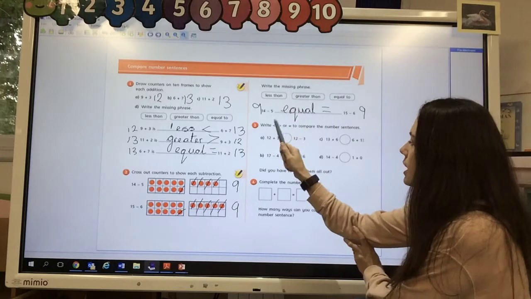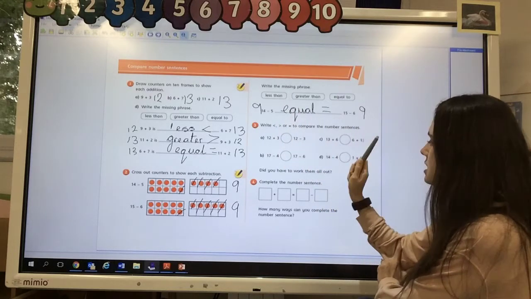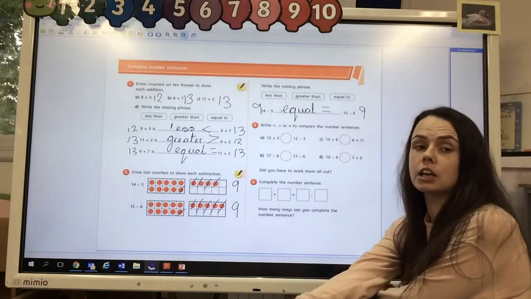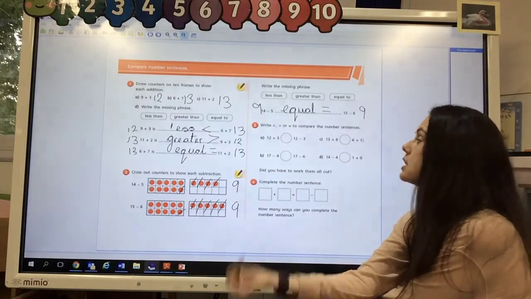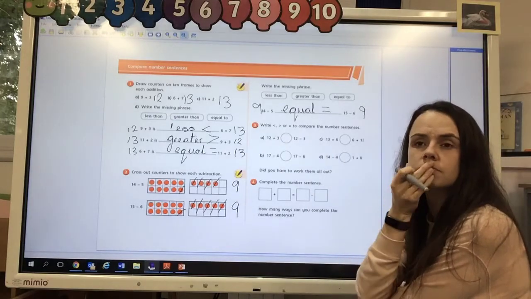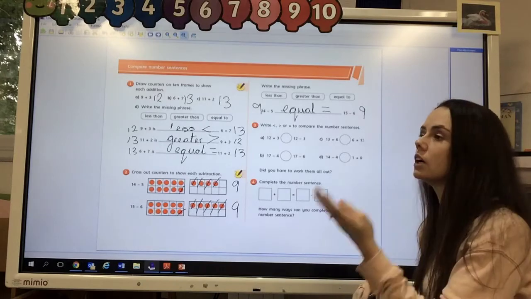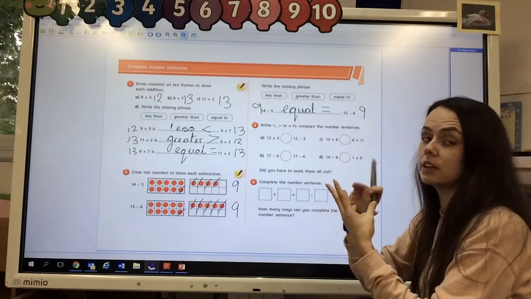Now all we've got to do here is draw our arrows and work out each side. So write bigger than, less than, or equals to, compare the number sentences. Remember, we need to work out the answers on both sides. So 12 add 3, what's 12 add 3? 12 in our heads, add on 3, 12, 13, 14, 15.